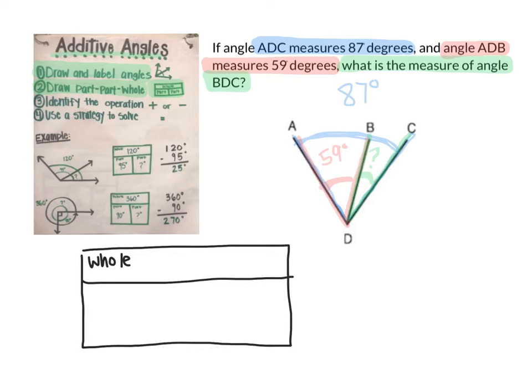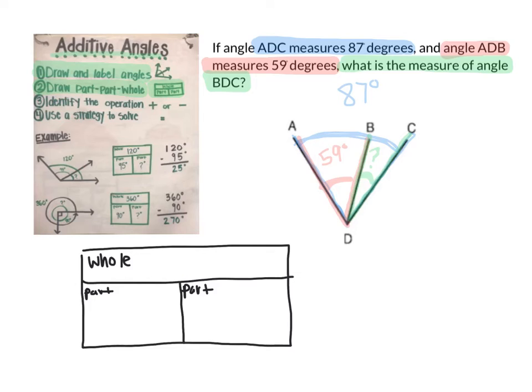And then we also have our 2 parts. So that's why we call it a part-part whole chart. Our 2 parts, when we add them together, equal our whole. So it's really important that we're filling out this chart correctly to solve our problem.